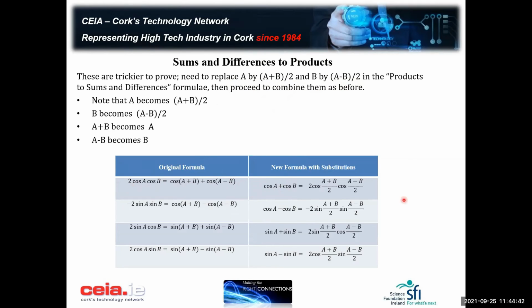I've never seen that asked, but it is in the log tables, so they might potentially ask you to do that. But it's probably just enough to know that these formulae exist and are available in your log tables in case it does come up in a problem.